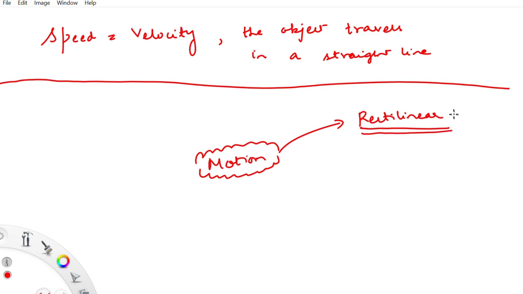Motion can be categorized as rectilinear motion, periodic motion, oscillatory motion. So rectilinear motion is basically motion in a straight line.